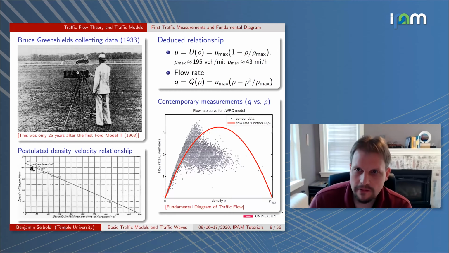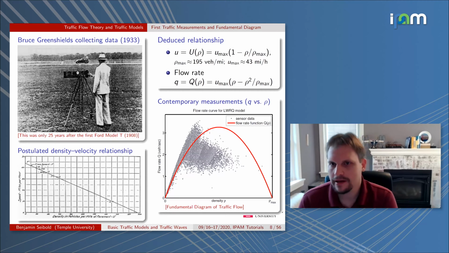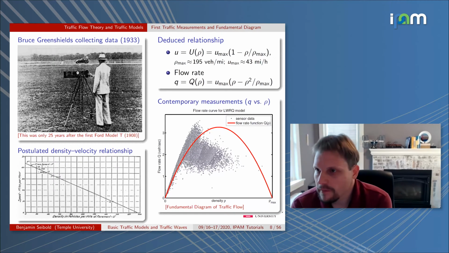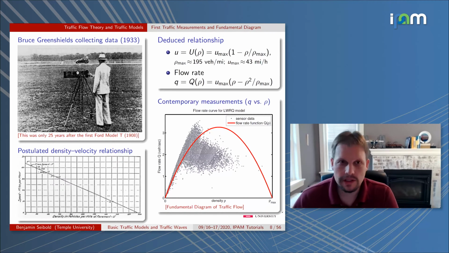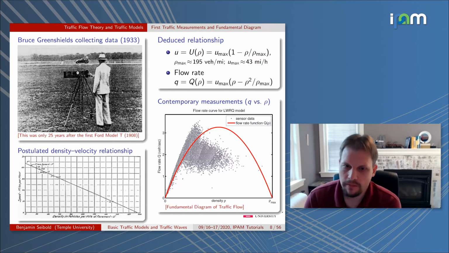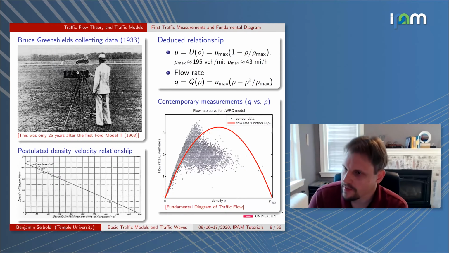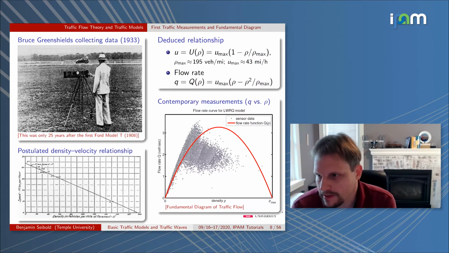And of course, if that's your relationship of speed as a function of density, just an affine linear relationship, then the flow rate, which is the product of speed and density, will just be a downward-facing parabola. So this red curve is what is called the Greenshields flow rate, or the Greenshields fundamental diagram, because if you plot the flow rate versus the density, that is what is called the fundamental diagram of traffic flow.